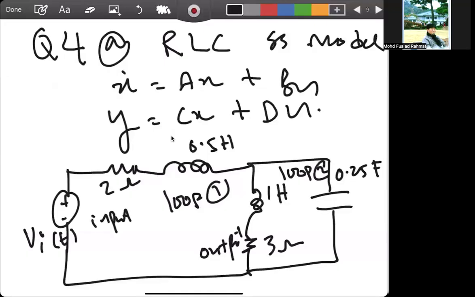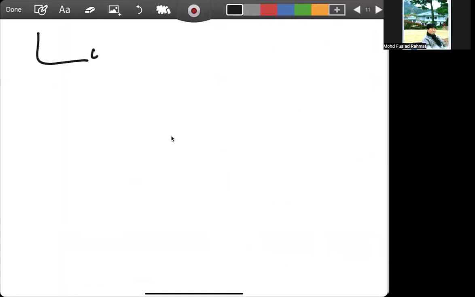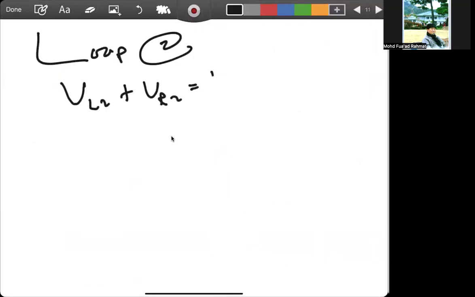Start with loop 2. L2, VR2 is equal to VC. So VL2, VC, VR2. Okay.